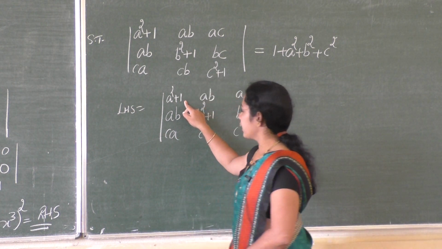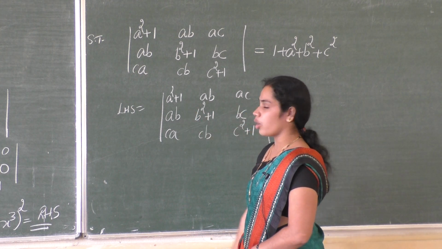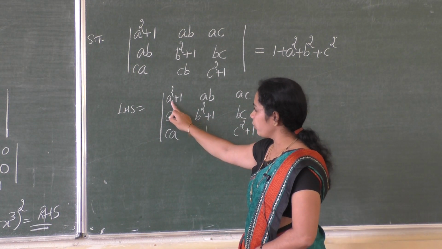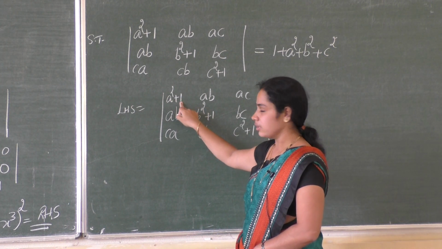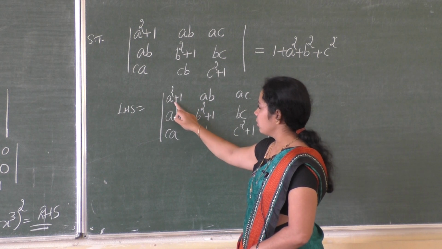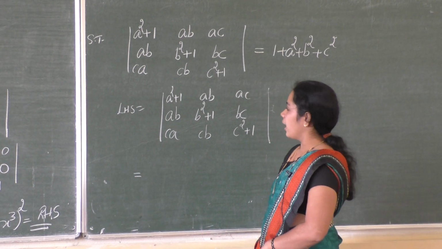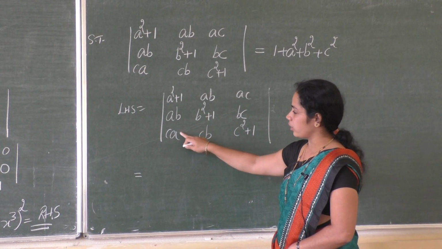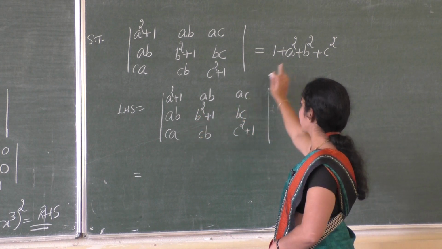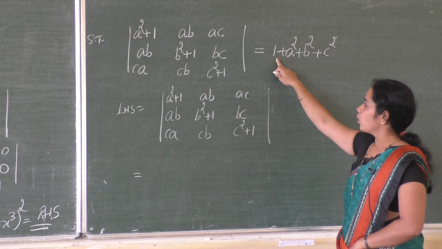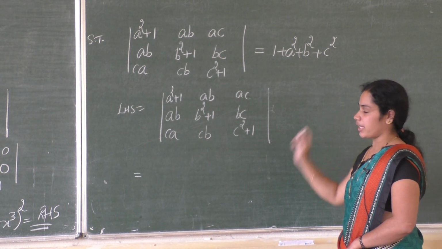See, directly here there is no common term in any row or any column. We have a square plus 1, so we cannot take a common here. Directly we cannot take any common outside, and we cannot apply R1 minus R2 like that, because we need to prove 1 plus a square plus b square plus c square.